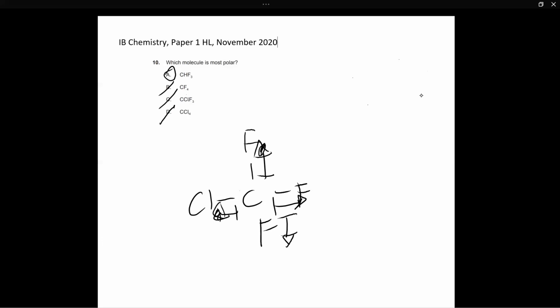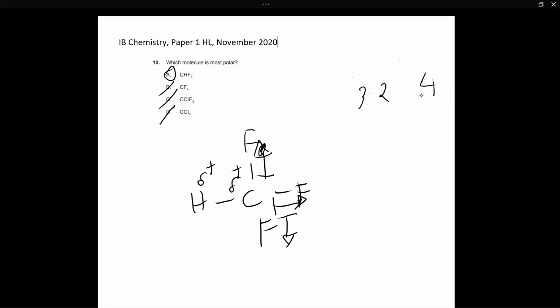But they have asked which molecule is the most polar, and the electronegativity of chlorine and fluorine is actually quite similar. Chlorine is 3.2 and fluorine is 4. I mean, it's nearly the same, right? The difference isn't so wide apart. Unlike in this case, where there is a hydrogen instead of chlorine, and hydrogen practically has the same electronegativity as carbon.